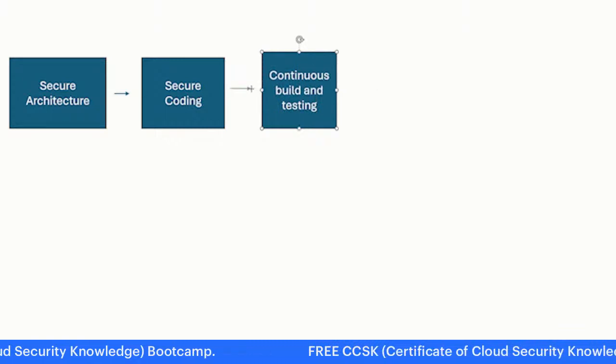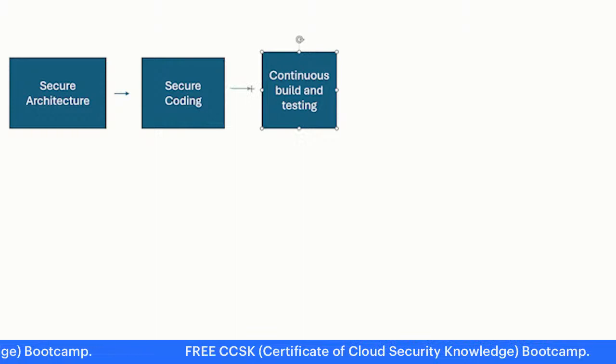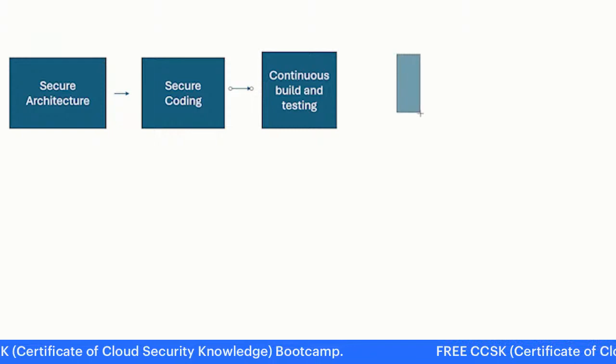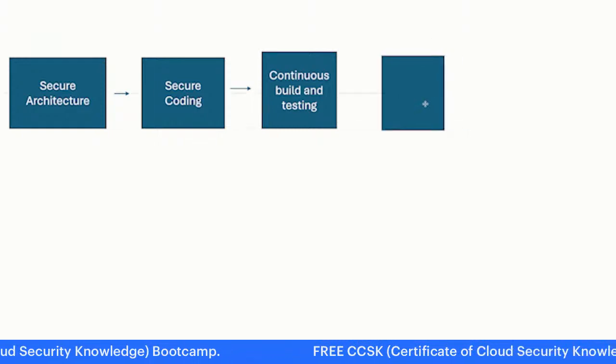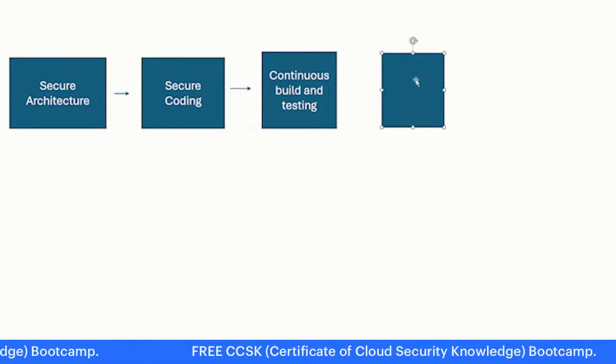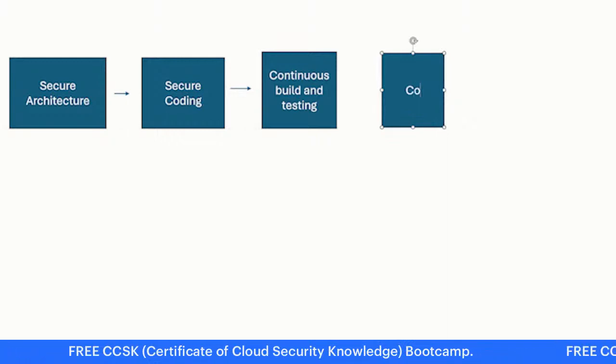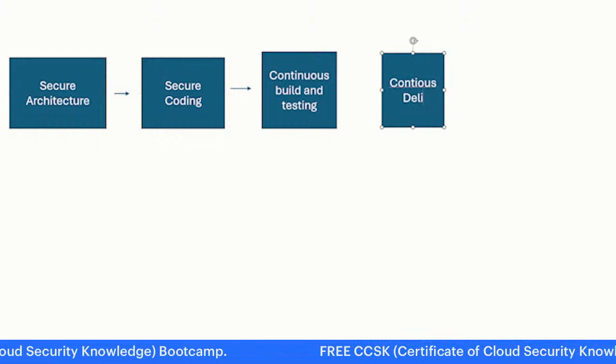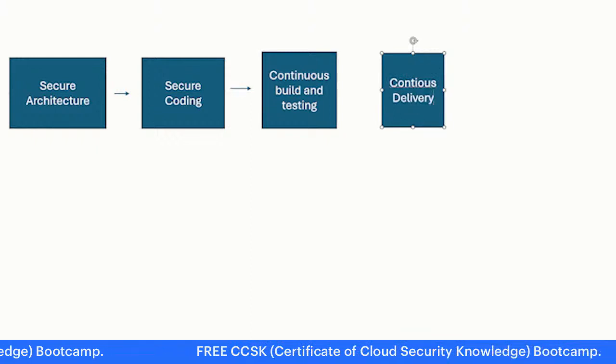So the software that was coded will be built, then it'll be tested. And at this point, we're going to keep delivering software to the organization, and we'll be constantly delivering, and so it's continuous delivery. And that's the whole point of DevOps here.